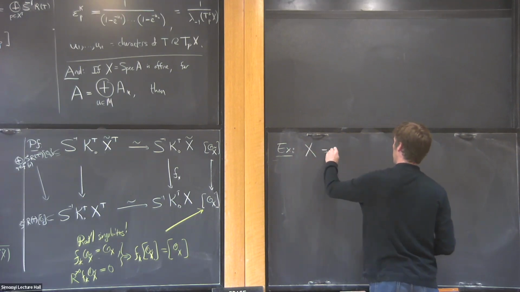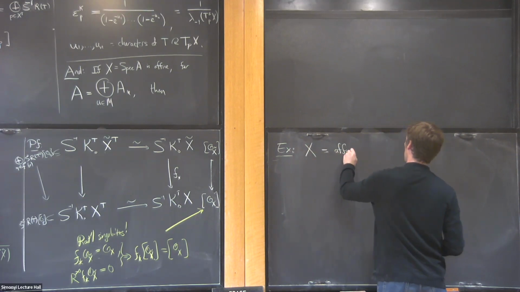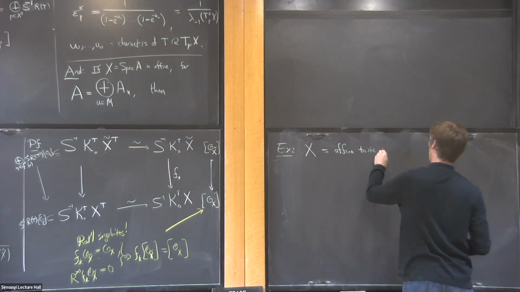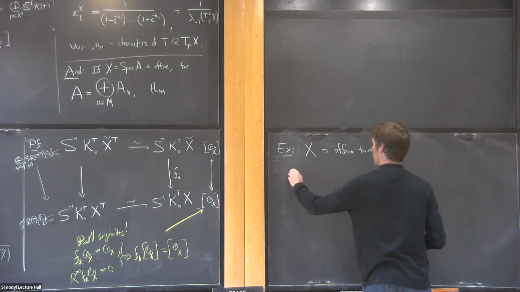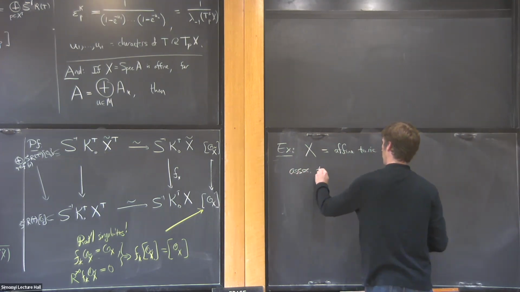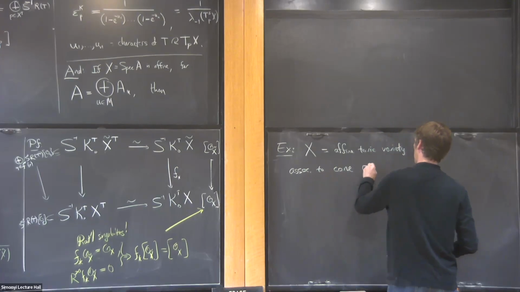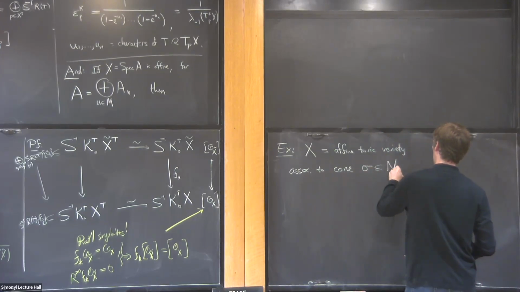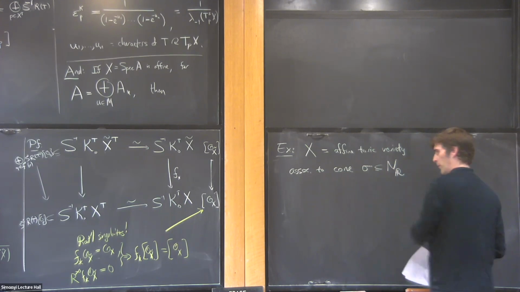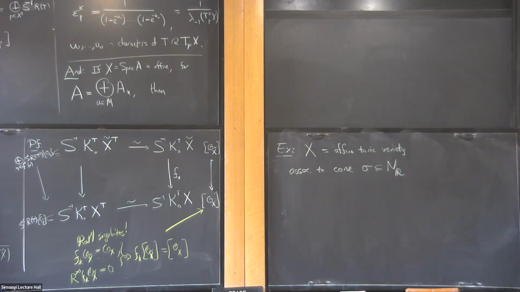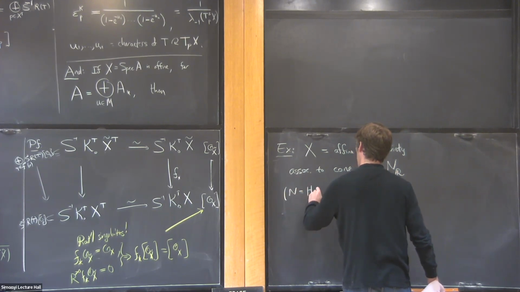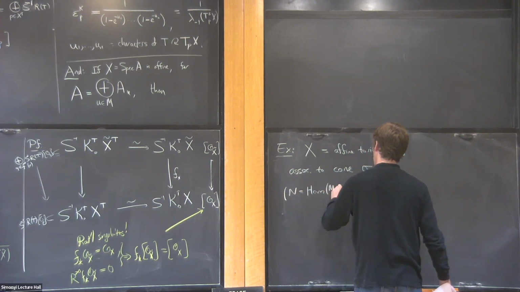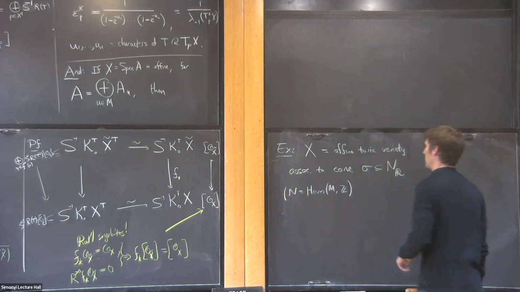Let's take X to be the affine toric variety associated to a cone. I'm using the notation from Fulton's book, so N is the dual lattice of the character lattice, the lattice of one parameter subgroups.